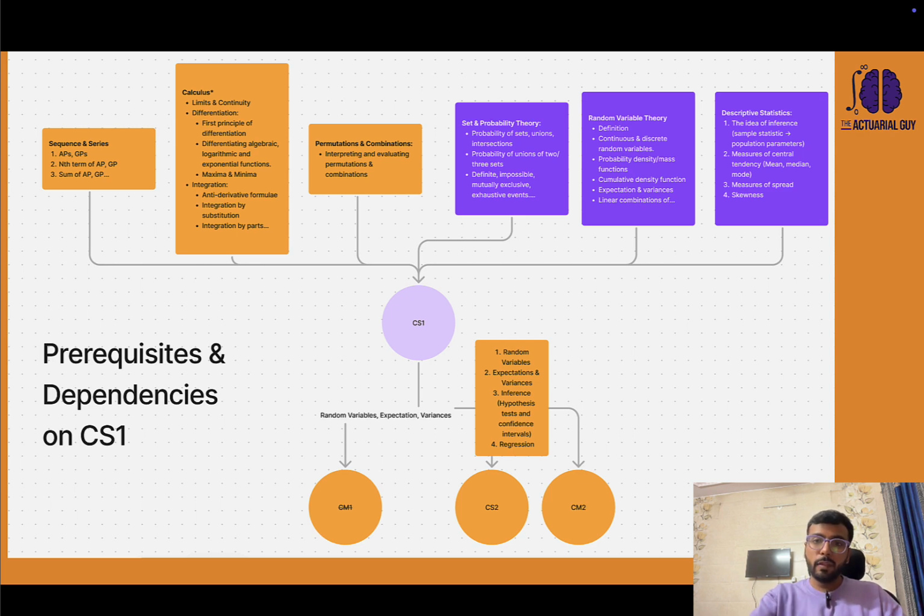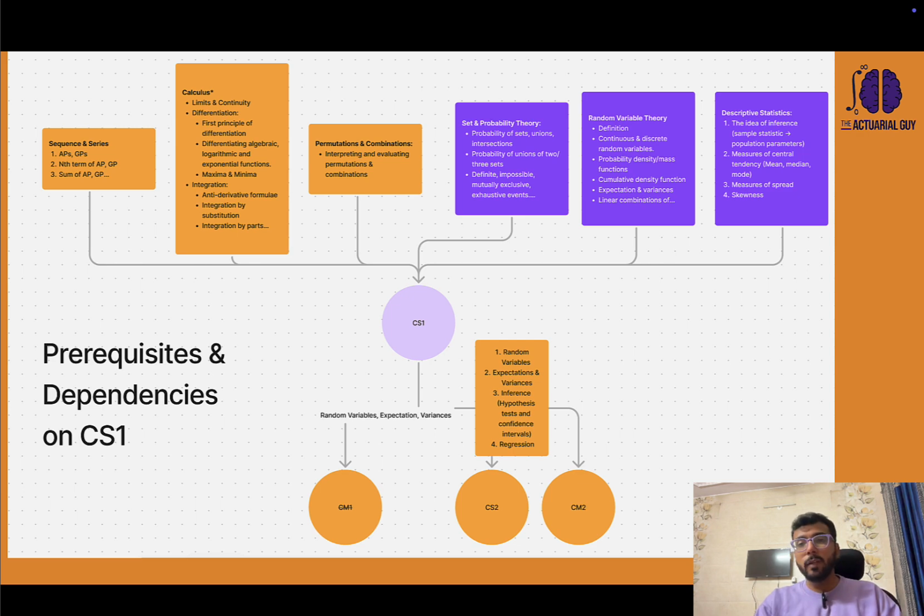You need to know the theory of random variables, what a random variable is, how to get expectation and variances, what are moments, what are probability density or mass functions, what's the difference between a discrete and a continuous random variable, all of these things. So these things I've covered in a lot of detail in my random variable video. I will put the link to that in the description.